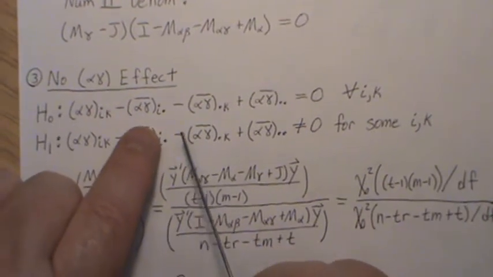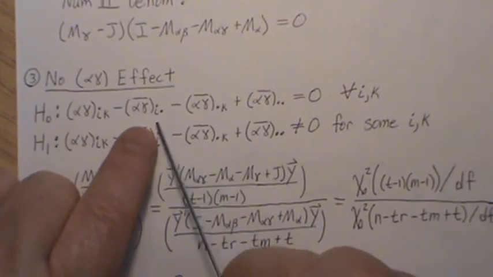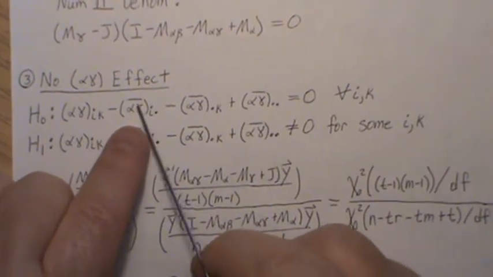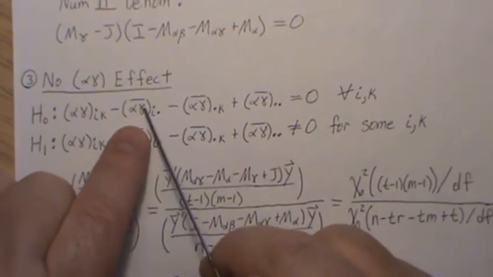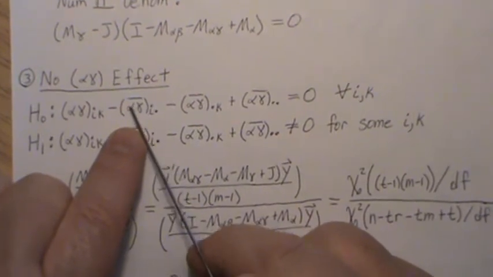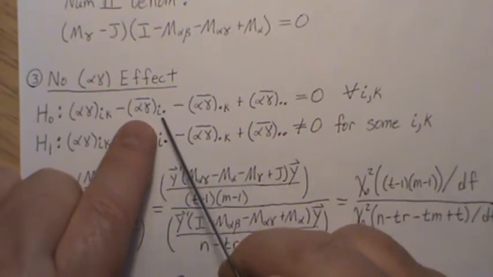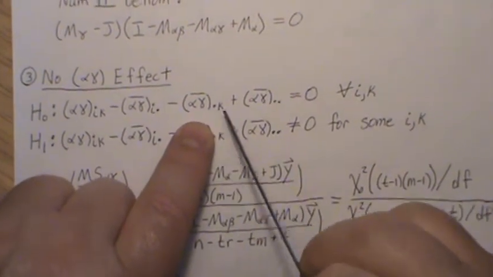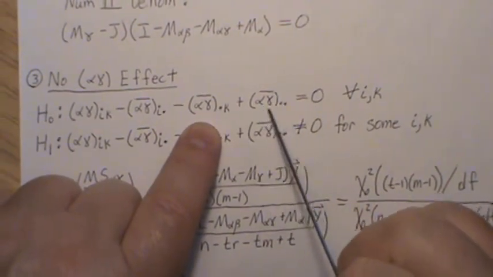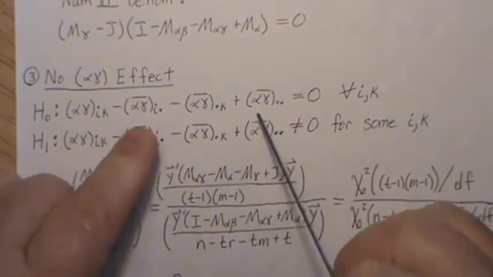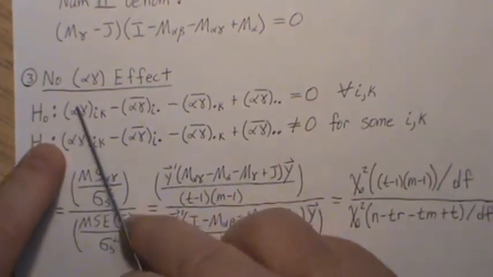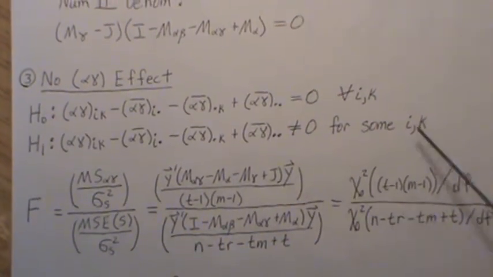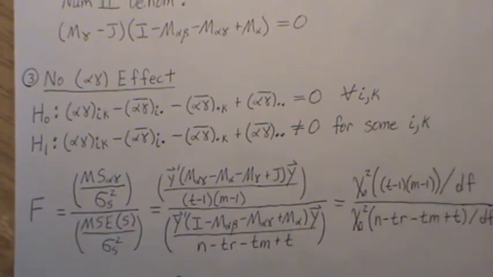And then the positive piece we could put with this, and that says that the mean of the rows has to equal some overall mean. And then these right here, the column means, have to equal some grand mean. So anyway, two of those cancel and we're just left with this. And the alternative is that they're not 0 for some i or k.